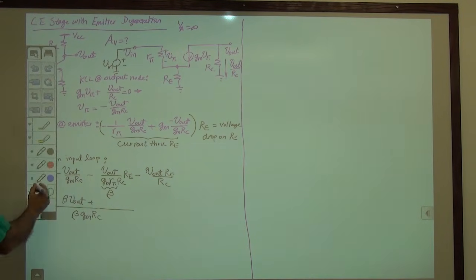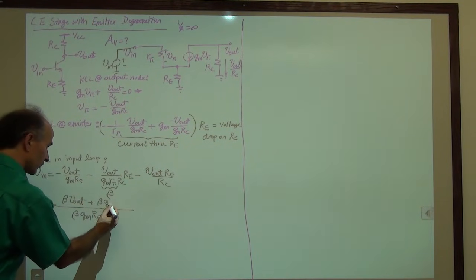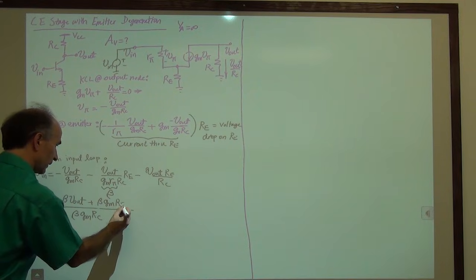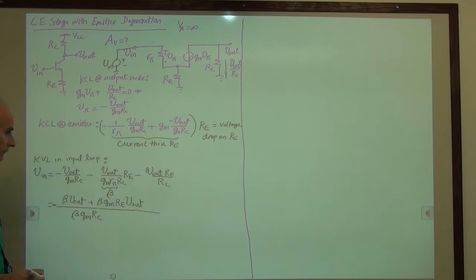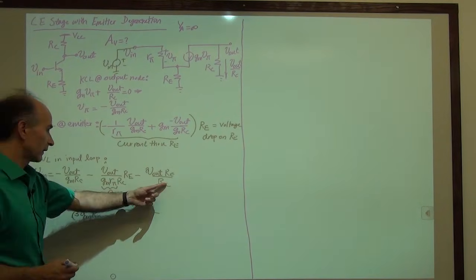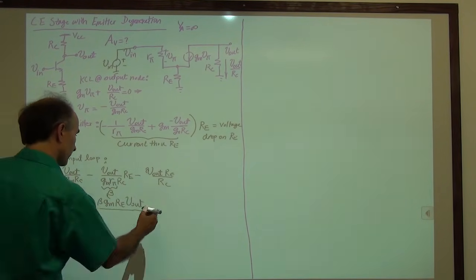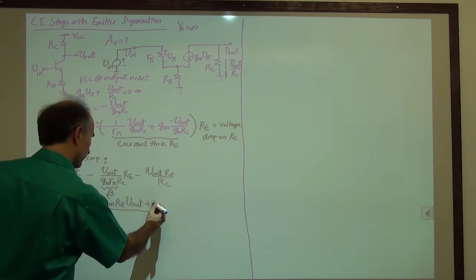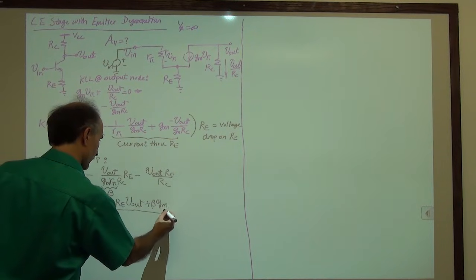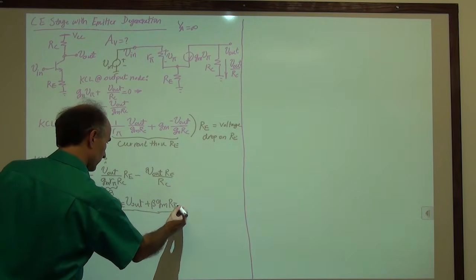and go back here. So we have beta GMRE V out. That's for this guy. And then finally here, we have beta GM times RE. So that's also plus beta GM RE V out.